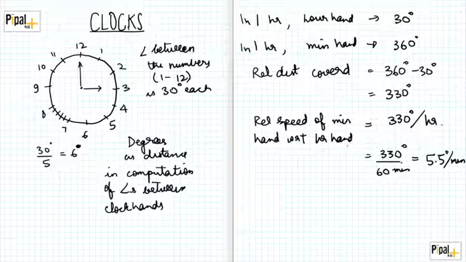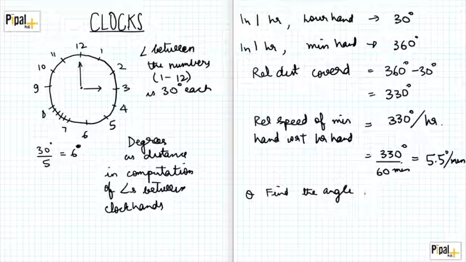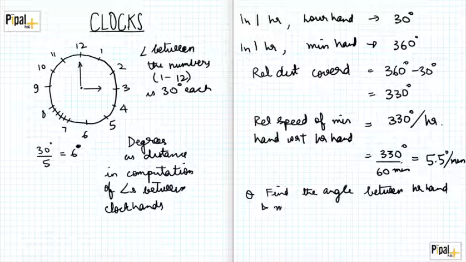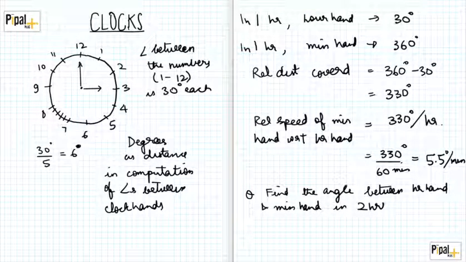Now what we have computed is that the hour and minute hands, with respect to each other, are moving at a speed of 5.5 degrees per minute. So let's say I am given a question where we have to find the angle between the hour hand and the minute hand in 2 hours.